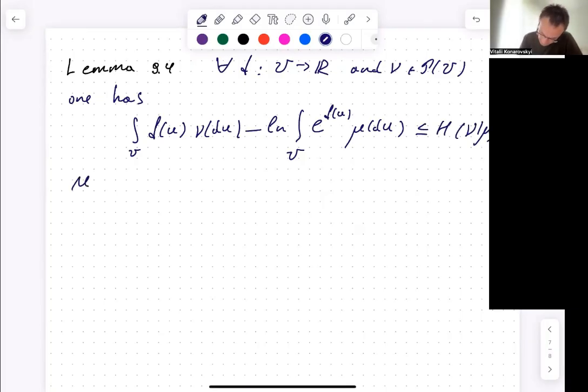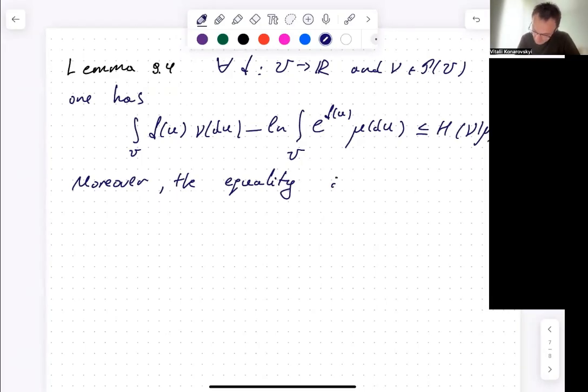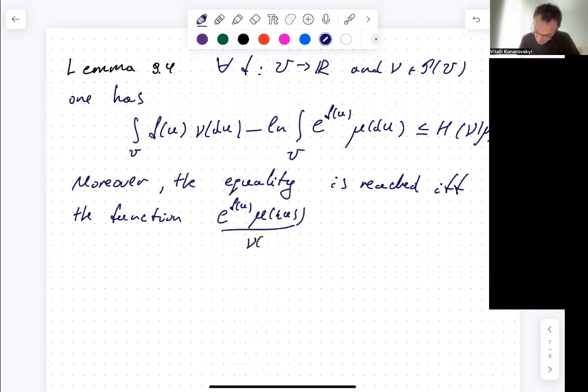And moreover, the equality is reached if and only if the function e to the power f of u mu of u divided by nu of u is constant on the set of all u from U such that nu of u is finite.